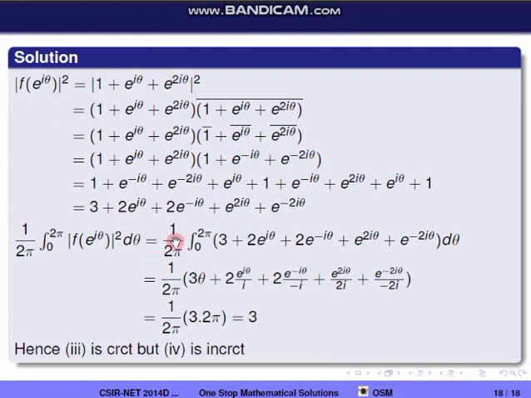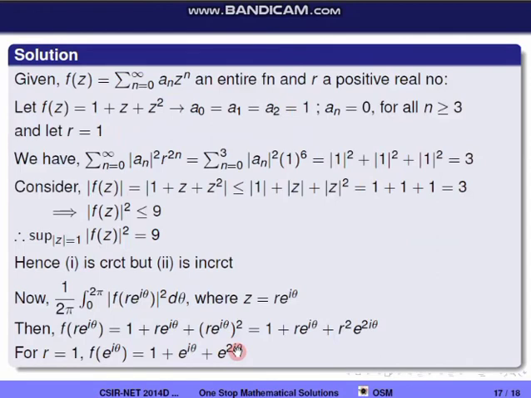So this is equal to 1 by 2 pi integral 0 to 2 pi of 3 plus 2 e raised to i theta plus 2 e raised to minus i theta plus e raised to 2 i theta plus e raised to minus 2 i theta, d theta. So integrating separately and applying the limits, finally we are getting the answer 1 by 2 pi into 3 into 2 pi, that is equal to 3. So we are getting the third option as correct and the fourth option is incorrect.